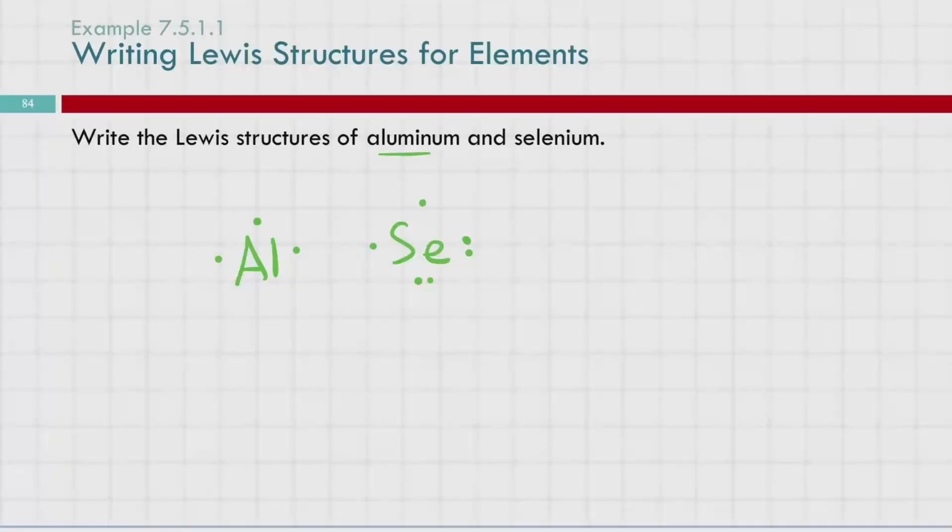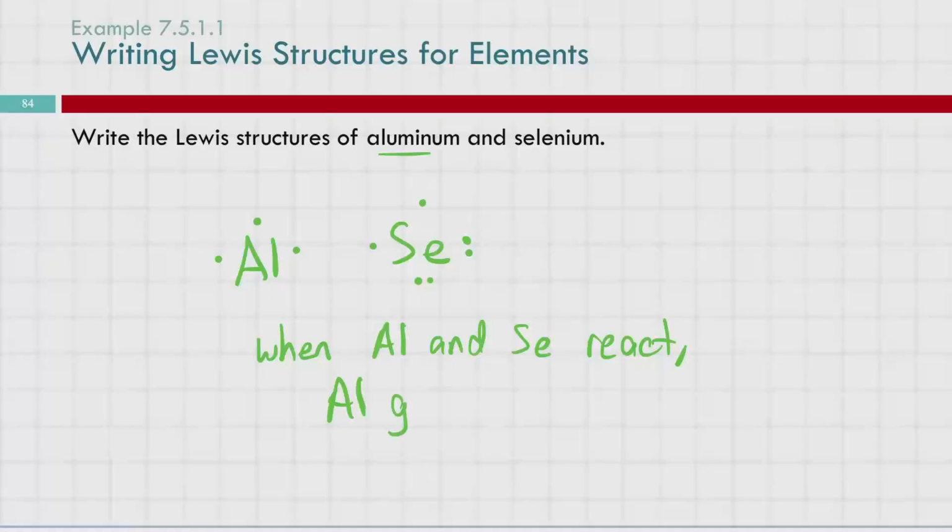When these form a compound, when aluminum and selenium react, aluminum, the metal, gives electrons to selenium. How many electrons is our aluminum going to give to selenium? What we're thinking about, how many electrons does selenium need? How many electrons does Se need to get its full octet?